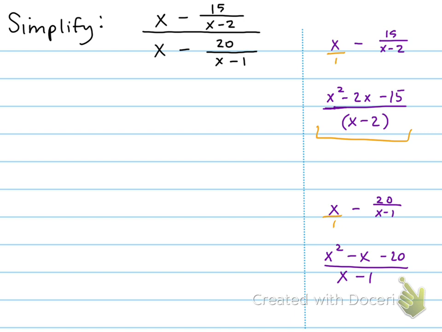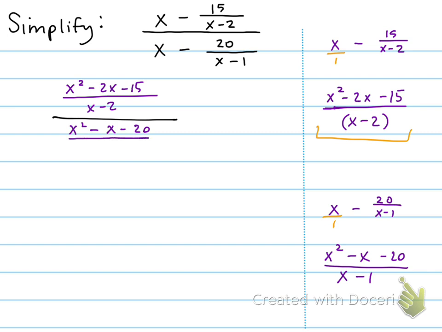So now let's replace what we know, right? We have x squared minus 2x minus 15 divided by x minus 2, all divided by x squared minus x minus 20 divided by x minus 1.